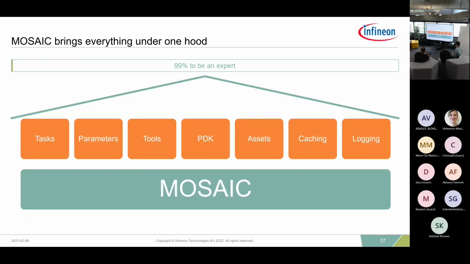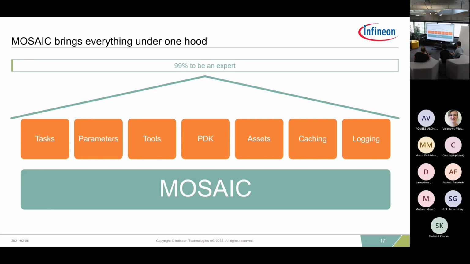So I guess are there any other questions so far? Otherwise, I will just proceed and I will try to make you an expert. So basically I have this progress bar on top and we will try to fill it up. So this is kind of the overview of the MOSAIC and all the, I would say, major topics that the MOSAIC framework addresses. So first we have the tasks. Tasks are the fundamental thing.